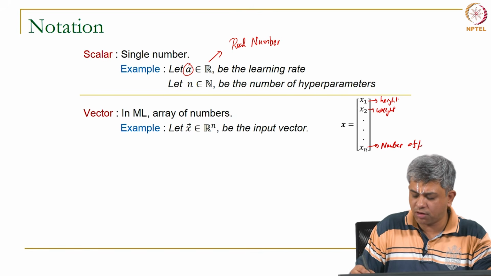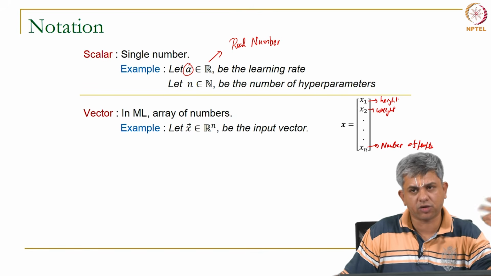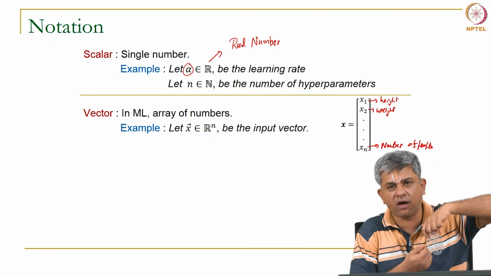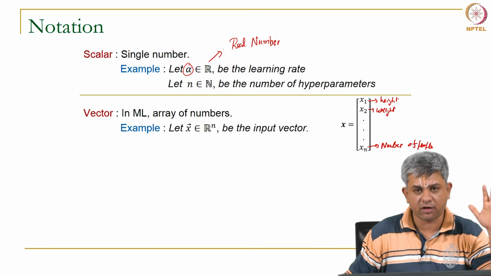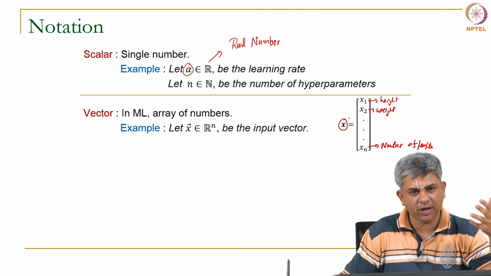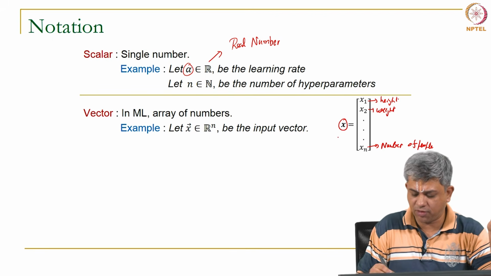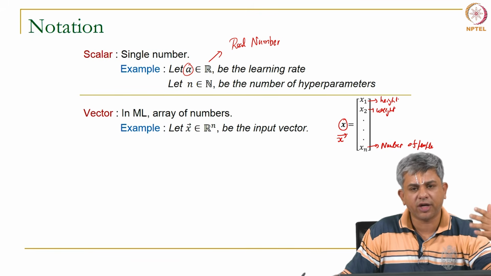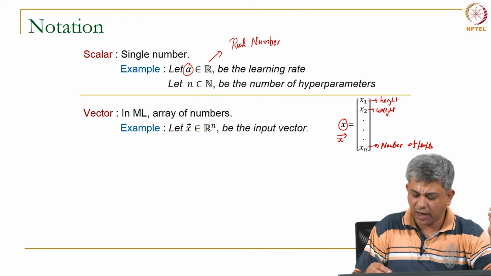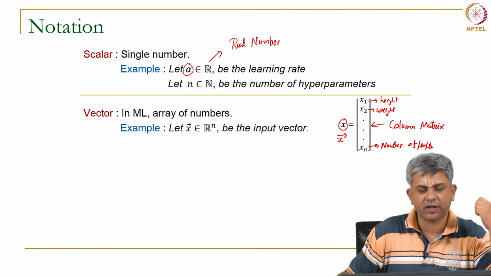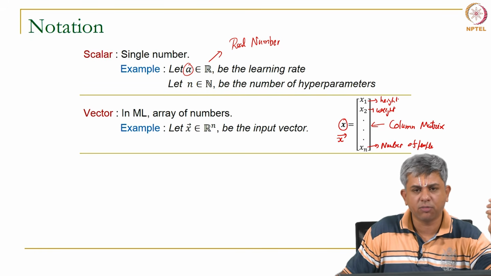You can put together any number of things, and as long as you concatenate them into a column, we call it a vector. Please remember that we will typically use bold small letters for vectors, or sometimes something like x vector. We use this notation interchangeably, or we use the column matrix representation for vectors. Vectors will be the quantities that we are dealing with most often.